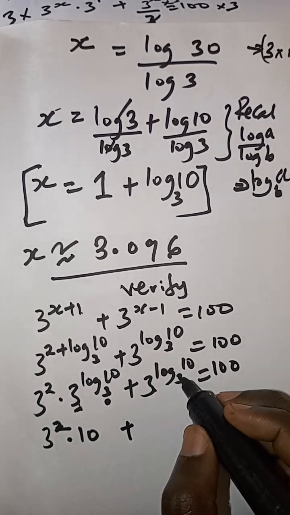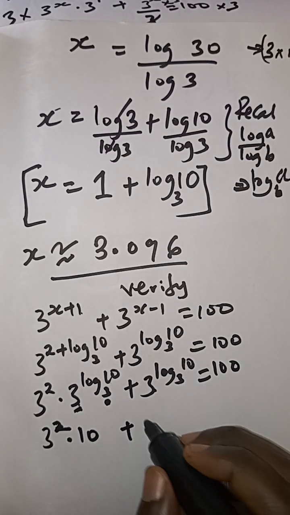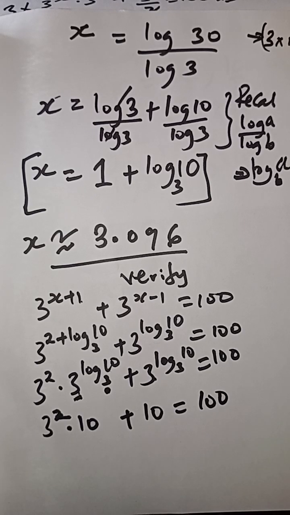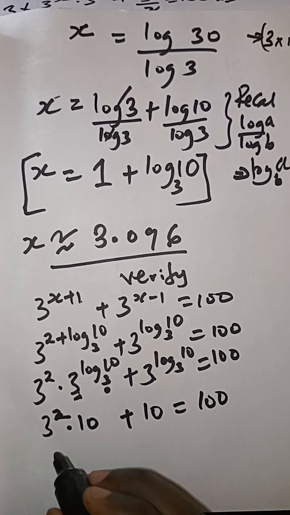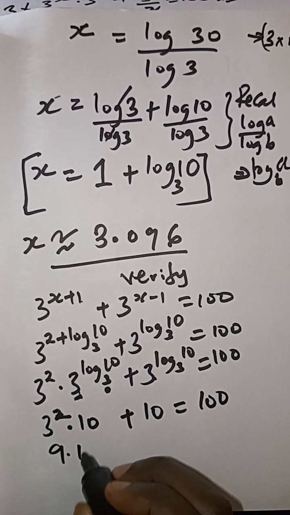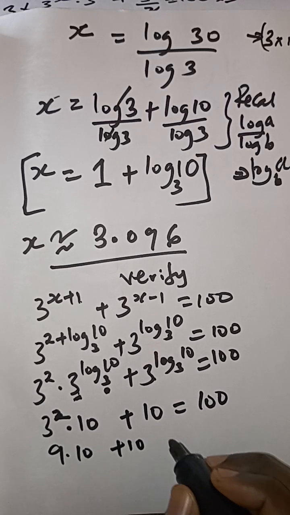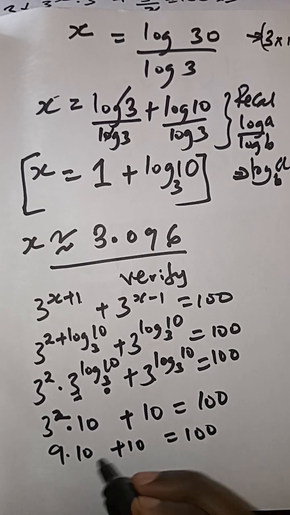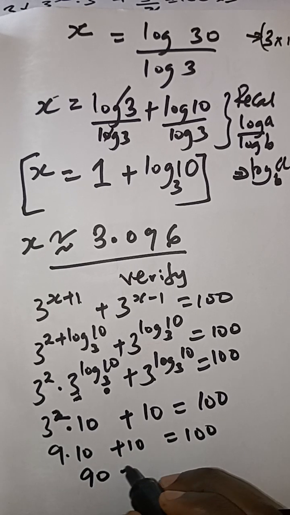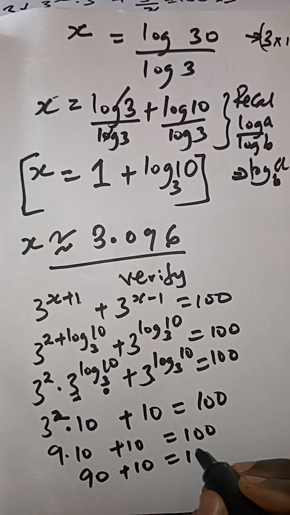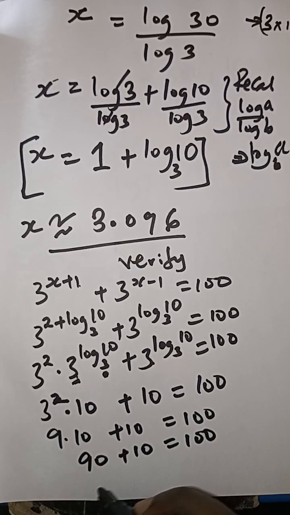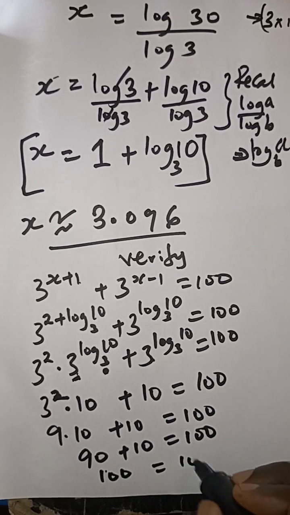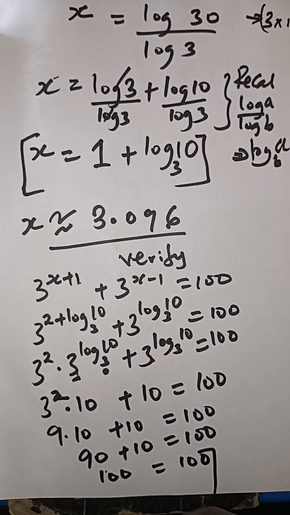This also, the base and the base are similar, I'm going to remain with 10. Should give me 100. Of course, 3 to the power 2 is 9, times 10 plus 10. Of course, 9 times 10 is 90 plus 10 is equal to 100, and of course you're able to see clearly that on this side I'm going to get 100 is equal to 100.